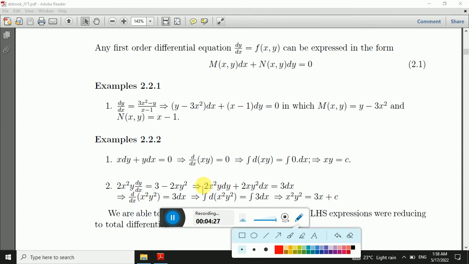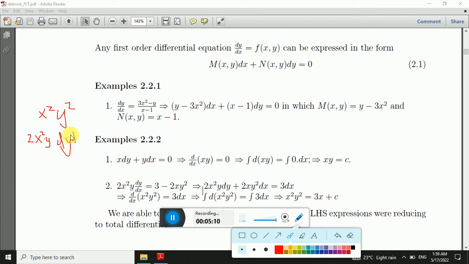Let me put the pen. If you have a function x squared y squared, if you were to differentiate this function with respect to x, remember it has two variables, so that means if, for example, you consider x squared and then you differentiate y, that means you have 2y, since we've differentiated y, that means you shall have dy.